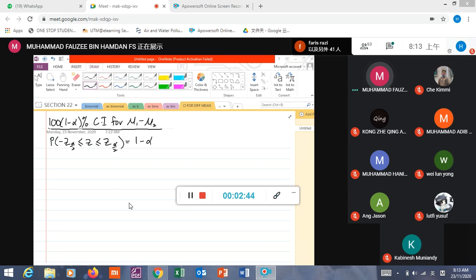From this probability we construct the confidence interval to find the upper limit and the lower limit.